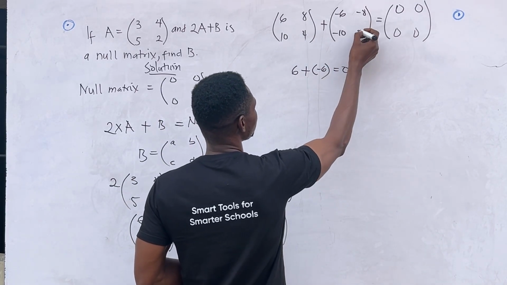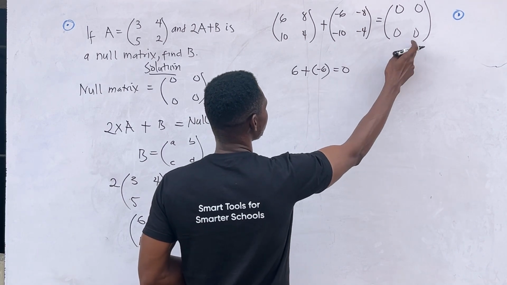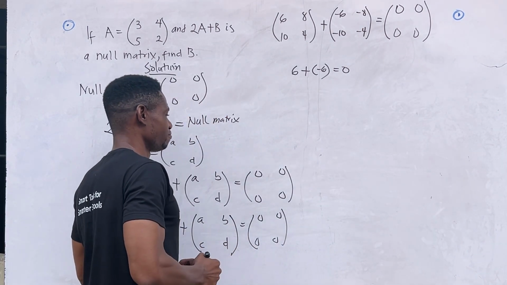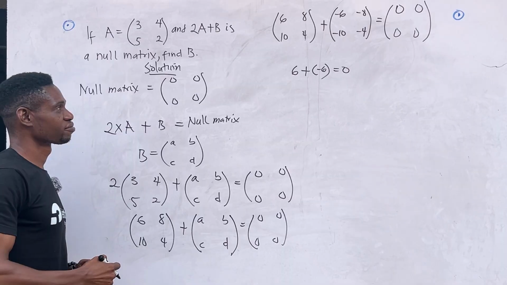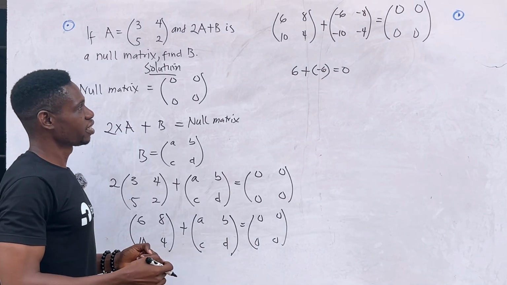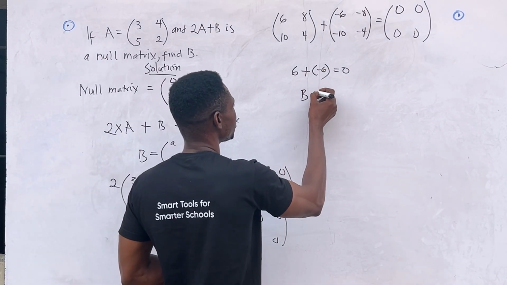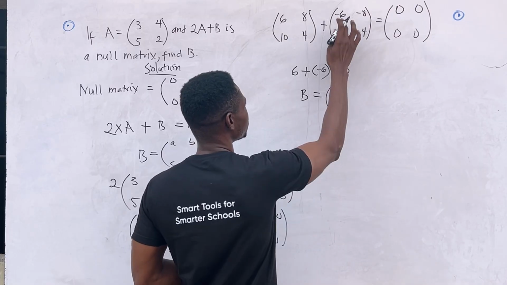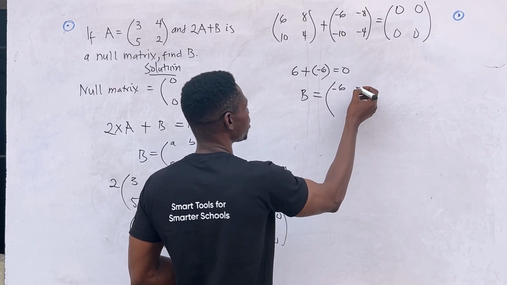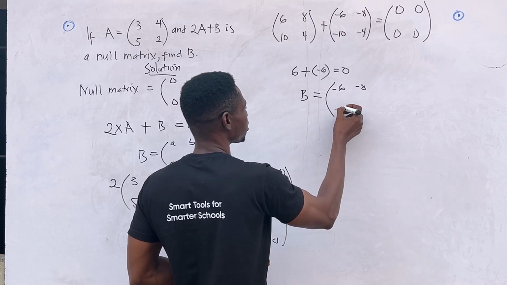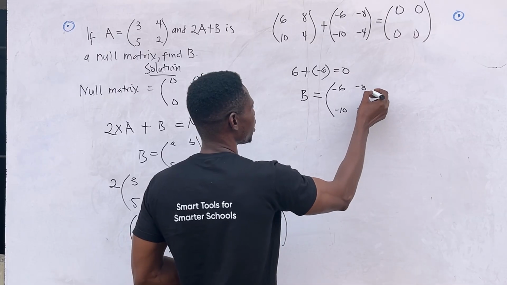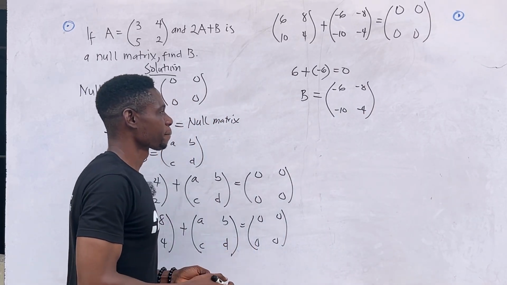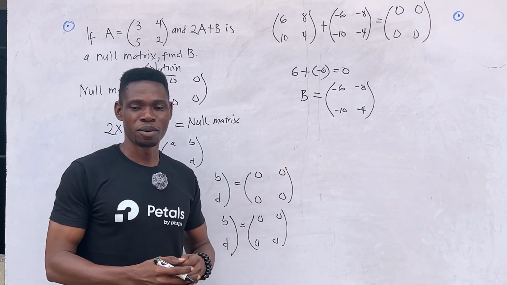So 4 plus minus 4 will give you 0. Okay, so our B will now be equal to minus 6, minus 8, minus 10, and minus 4. So this is our value for B.